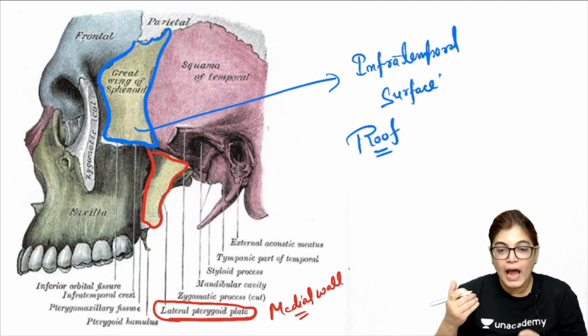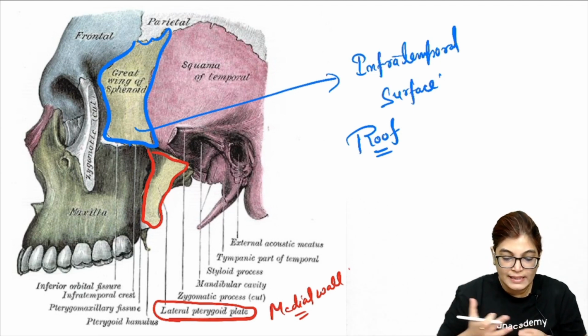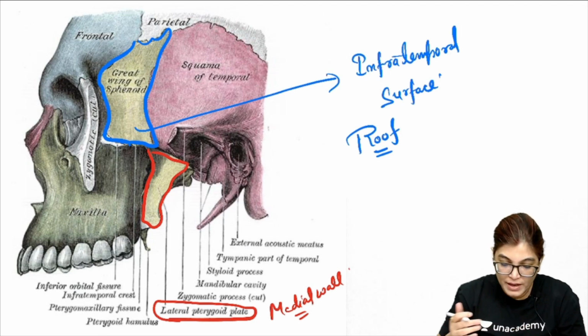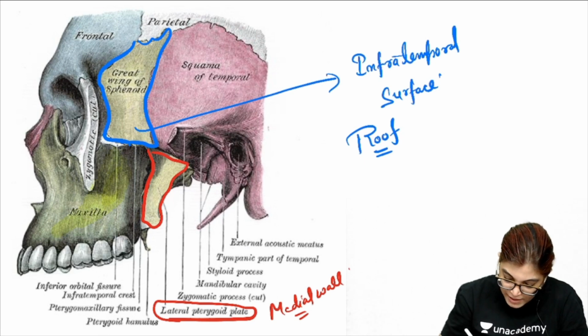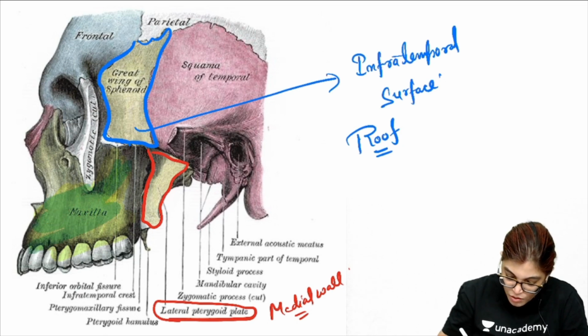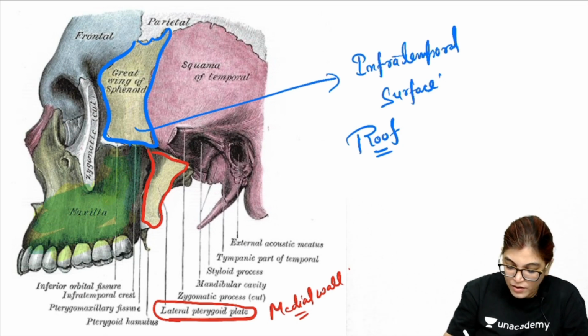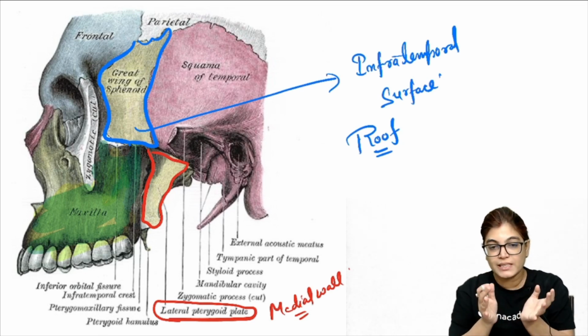If I talk about the anterior aspect, anteriorly it is formed by the infratemporal surface of the maxilla. This is the bone which I am highlighting here. This is the maxilla bone, and it will lie on the anterior aspect. Just imagine the 2D diagram, but you have to imagine it in 3D.